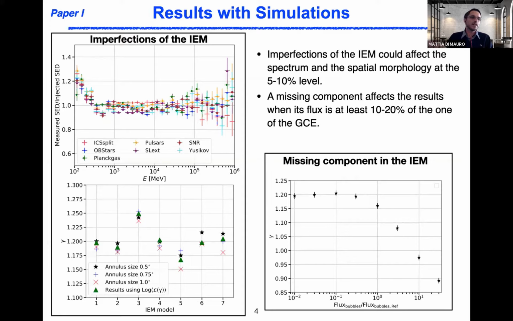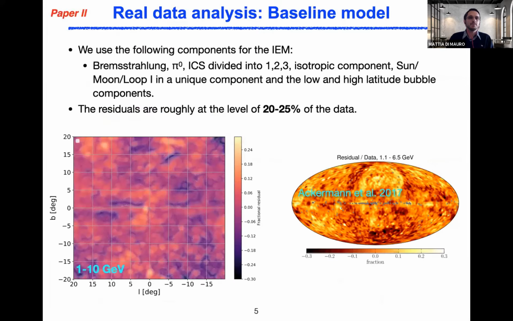Basically, we verify that if you have any missing component with a flux at least 10–20% of that of the galactic center excess, the spatial morphology becomes different from the injected one. So the presence of these missing components can really affect your results on the galactic center excess.